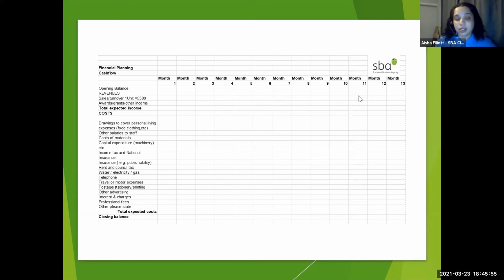So this is money that you spend out for assets like machinery. Costs for income tax and national insurance. Then we've got insurances such as public liability. We've got rent and council tax. Standard bills, so we've got your water, electricity and gas.